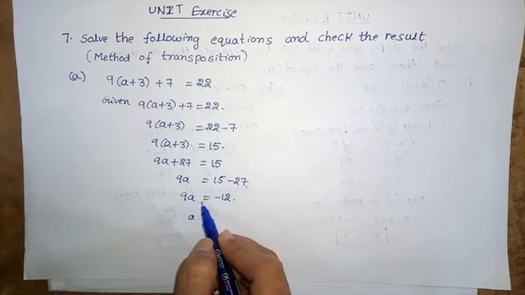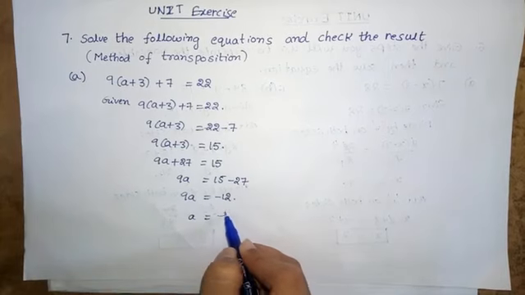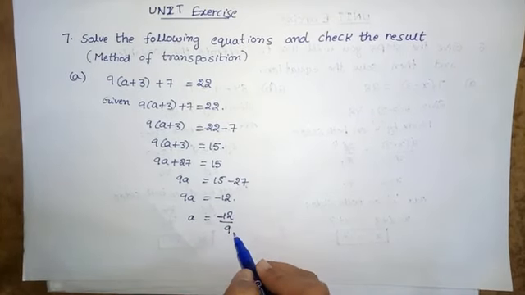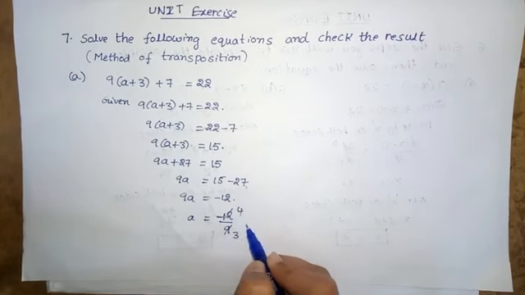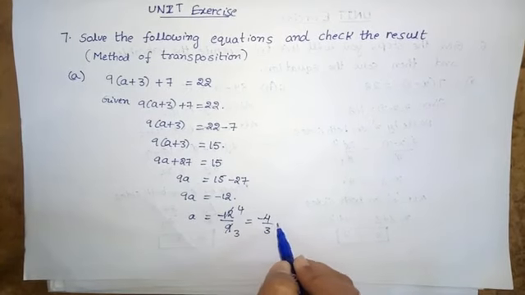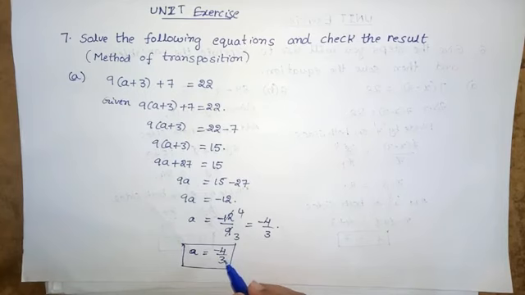So 9 into a equal to minus 12. So 9, it is transposed into right side divided by 9. So minus 12 divided by 9. Simplify this. 3 3 is 9, 3 4 is 12. So a value equal to minus 4 by 3. So a equal to minus 4 by 3 is solution for this simple equation.